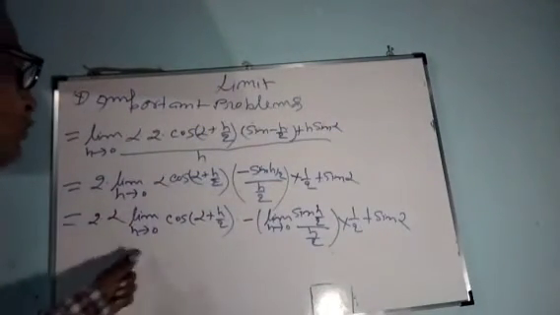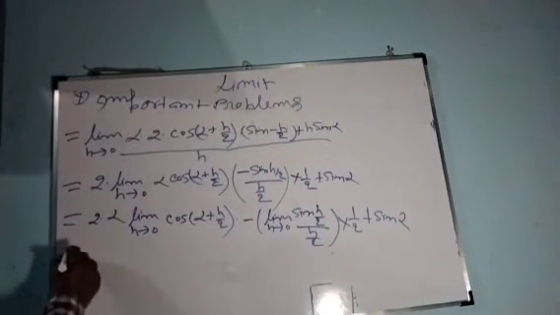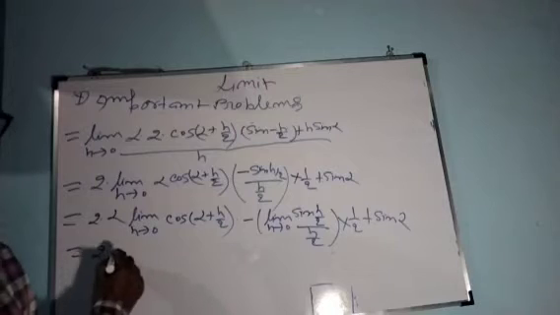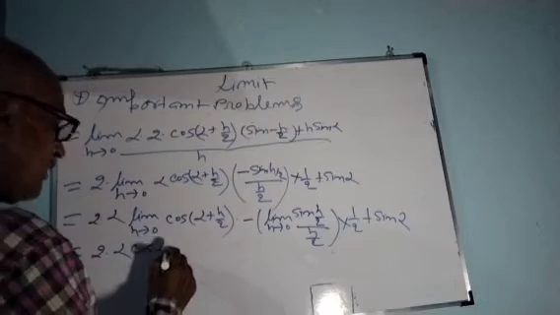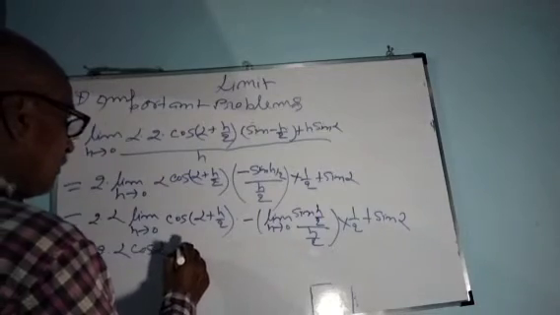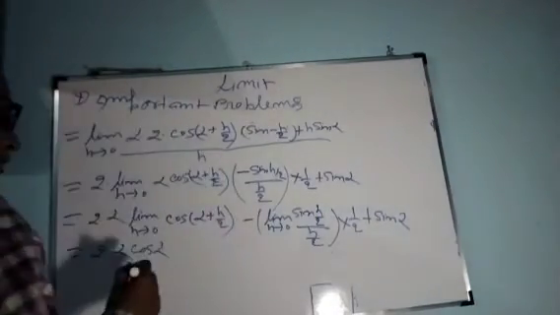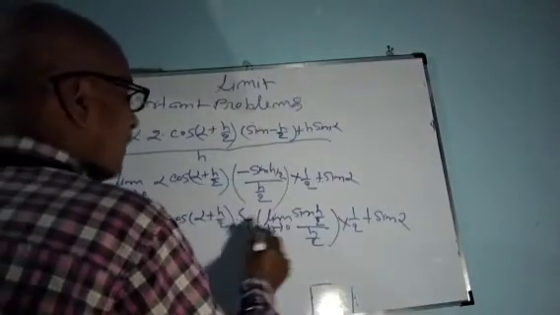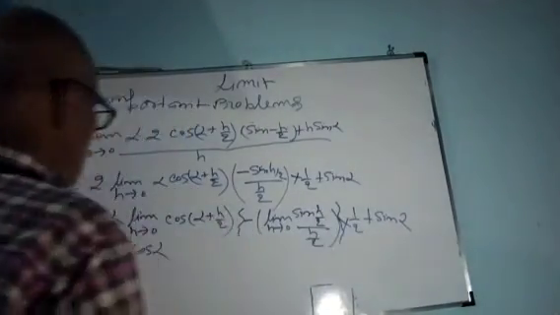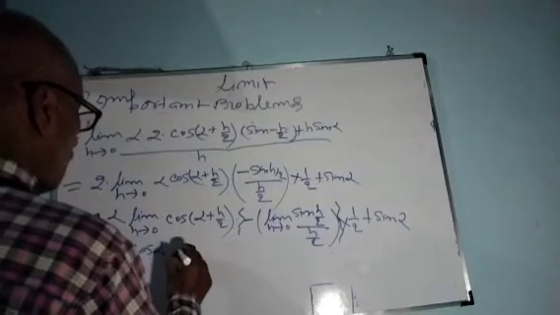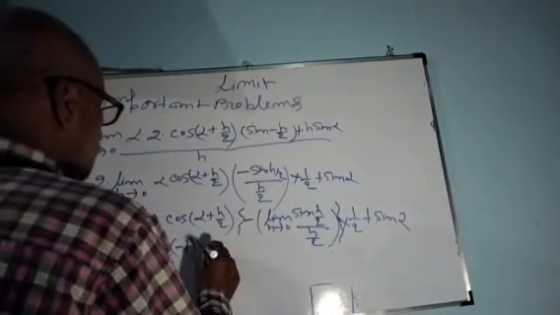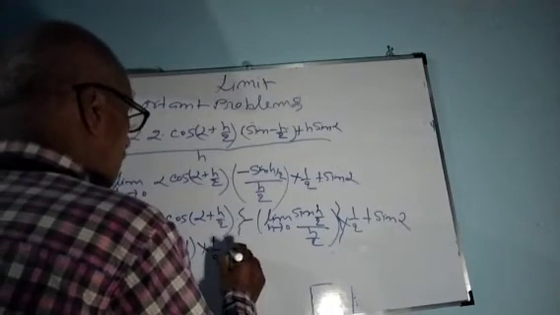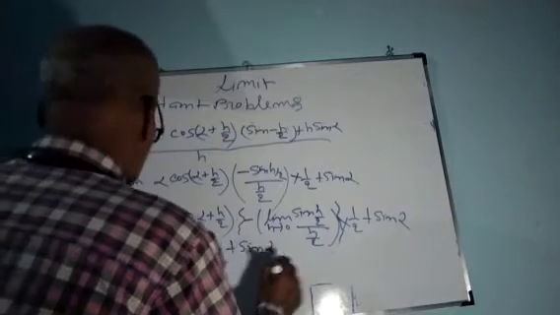Now use the formula. This is equal to 2 into alpha cos alpha into minus 1 into 1 by 2 plus sine alpha.